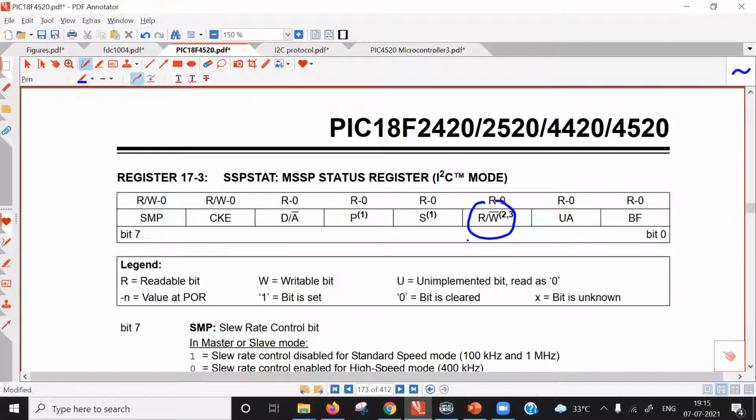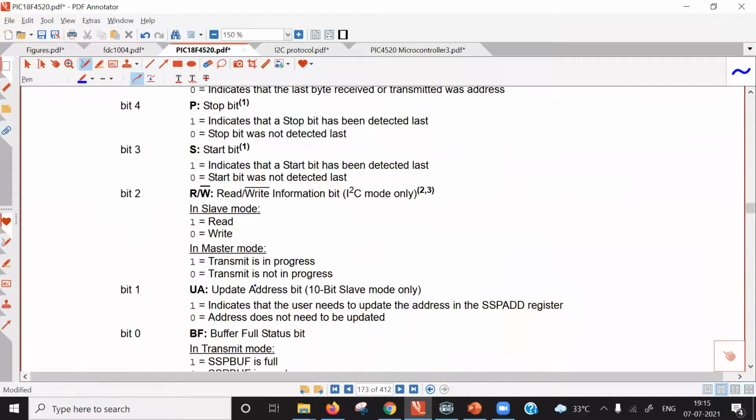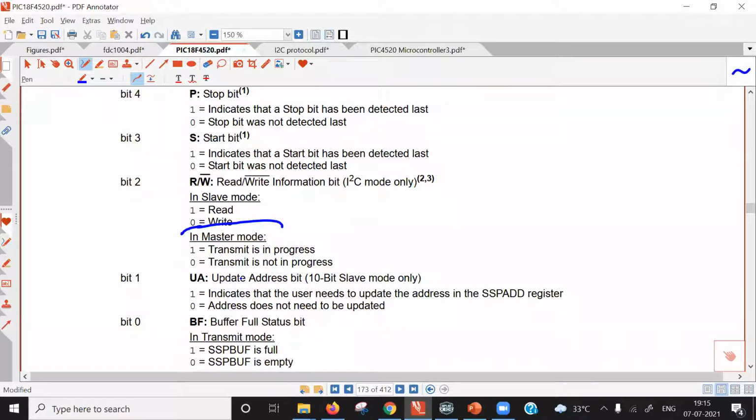So what is the meaning of this RW bit? We have configured it for master mode. I will discuss only master mode of operation for the PIC microcontroller. When this RW bit is 1, it indicates that transmission is in progress. That is, data in the shift register is not completely shifted out.